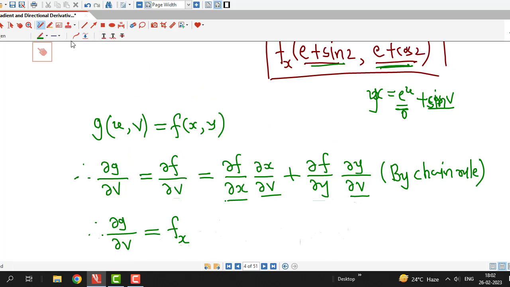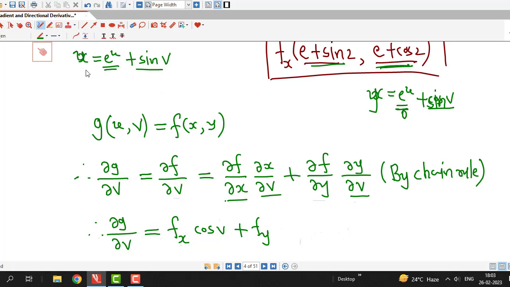I recall that x is nothing but e raised to u plus sin v, and we are differentiating with respect to v, so we consider u as constant. Therefore derivative of e raised to u is 0, and derivative of sin v is cos v, plus del f by del y and del y by del v.